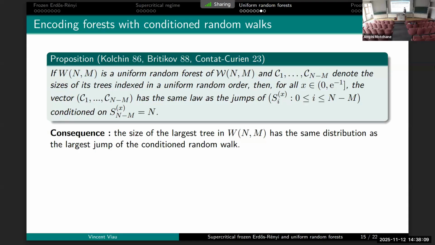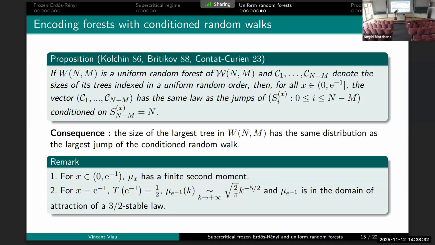Okay, so in some sense we reduced the problem, which was a random graph model, to a problem of random walks, which is much easier, and for which we have plenty of methods. And just to note, this was true for every x in this interval. To see how we can study these measures: if you take x in the open interval, you have measures with finite variance.